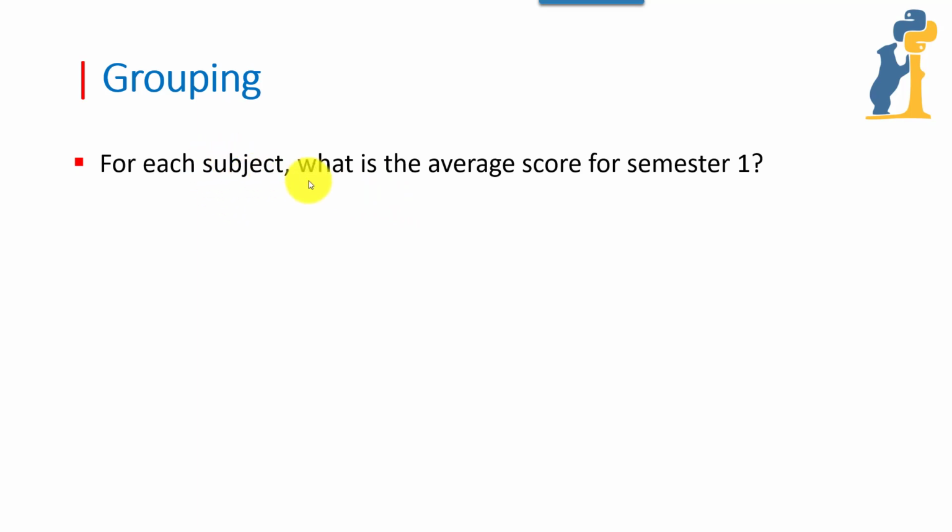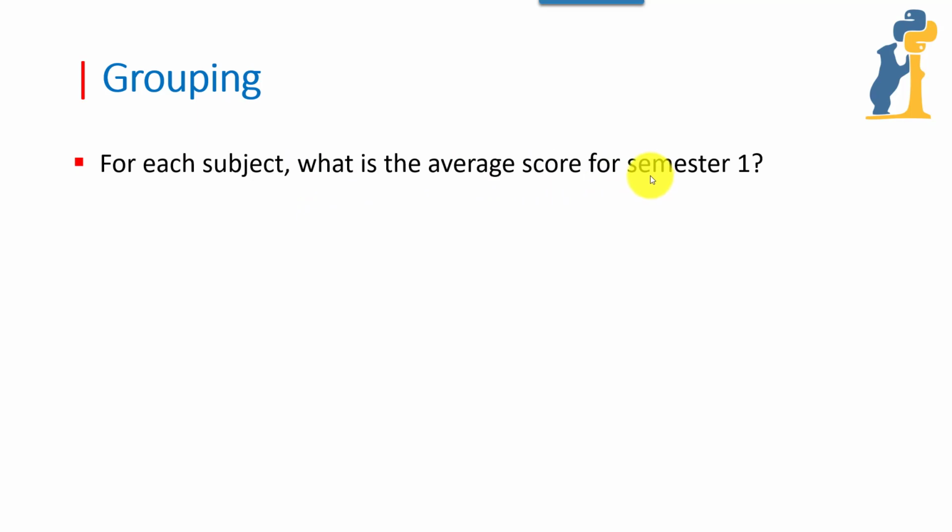The question here is, what is the average score for semester 1? I need to know the performance of students in physics, in chemistry, in biology to compare.